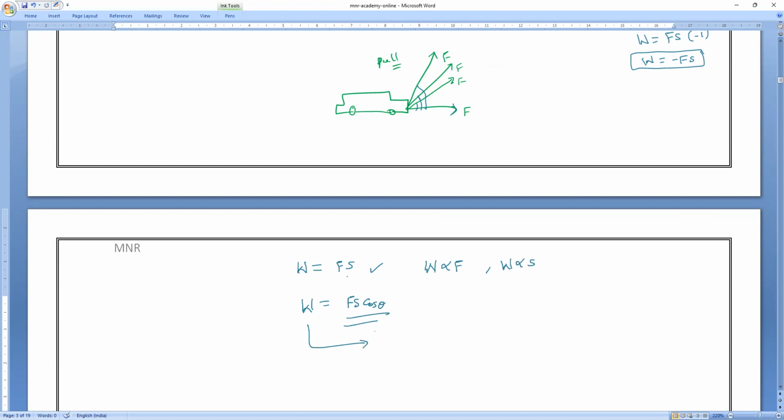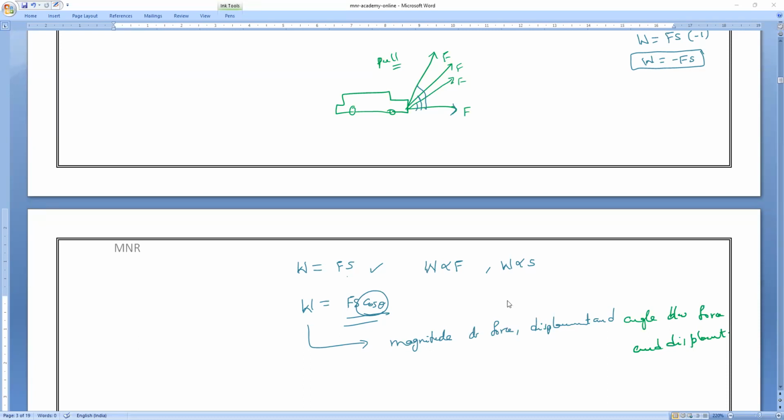Can you tell me what the three things are? It depends on the magnitude of force and displacement, and also on the angle between the force and displacement. That is also a factor which will affect the magnitude of the work done.